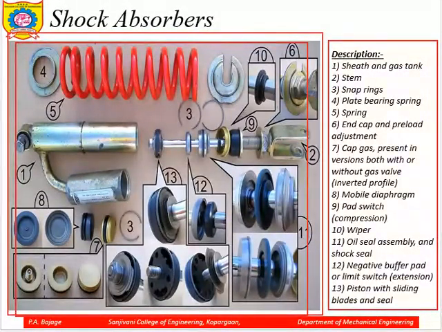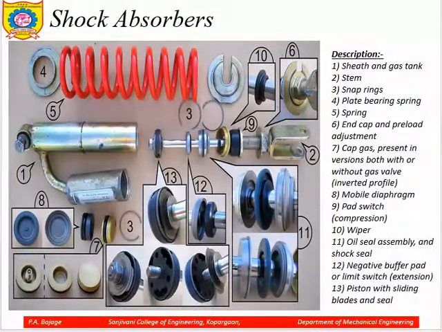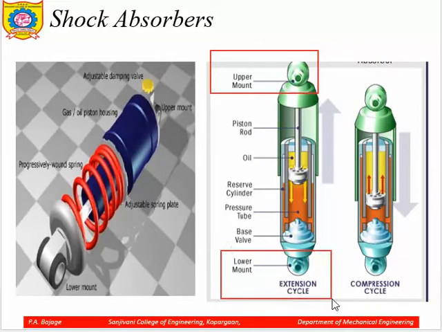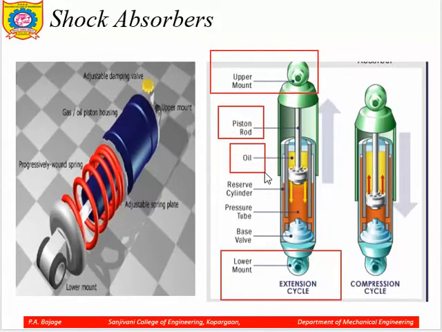So again, what are basically shock absorbers? They absorb the shock and have a damper and a coiled spring. This diagram also shows the details of a shock absorber. So this is the upper mount, the lower mount of the shock absorber, the piston rod. Inside the shock absorber you have a piston rod with hydraulic oil.